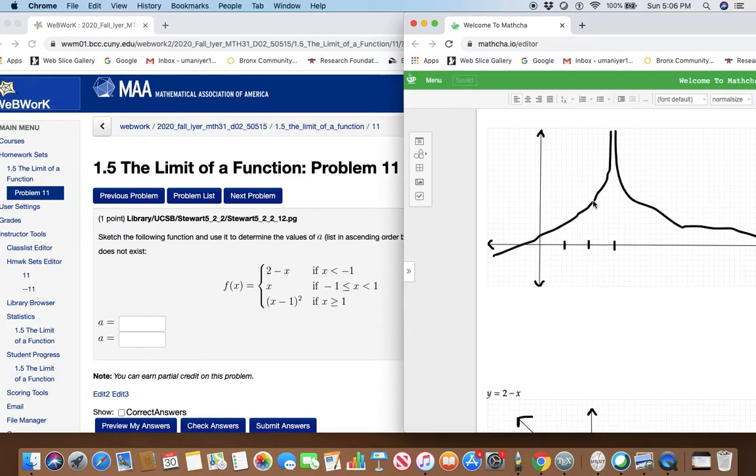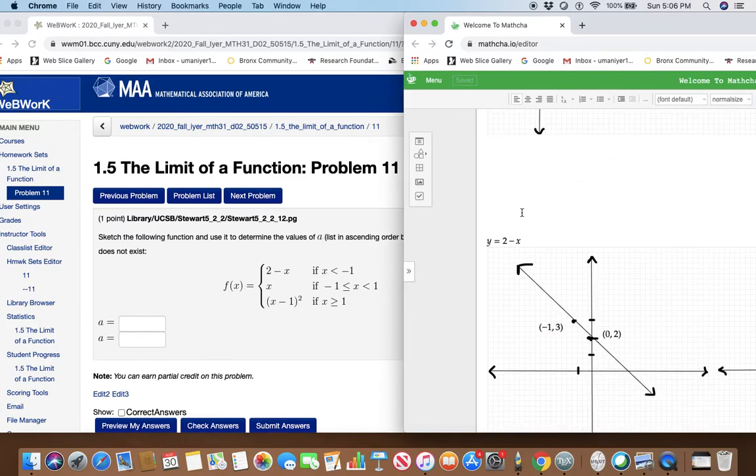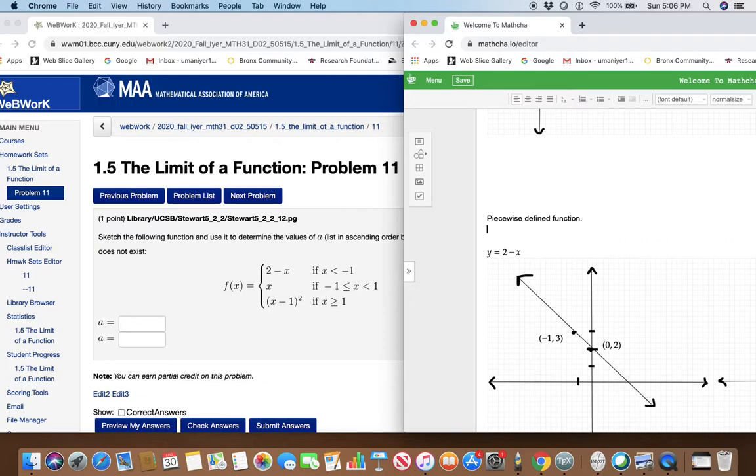Okay, so let me explain. A piecewise defined function means the function is defined in pieces. When x is less than -1, your function is 2 minus x.